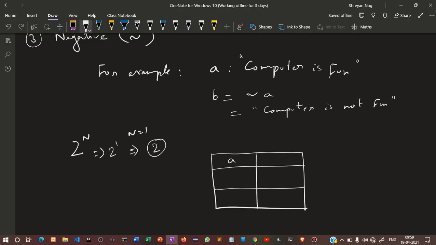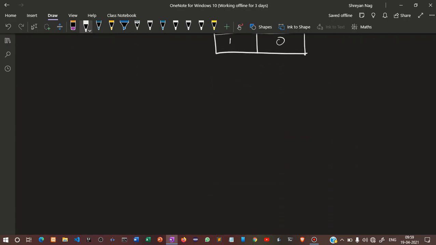So A, B. B is what? Negation of A. So let us write 0 1. So 0 will turn to 1 and 1 will turn to 0. Basically it's inverting everything.